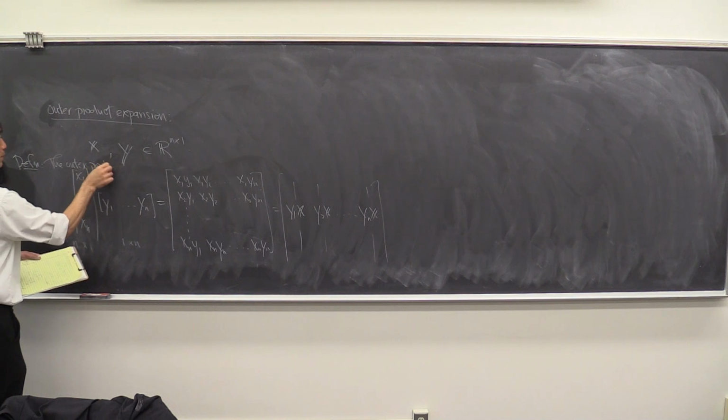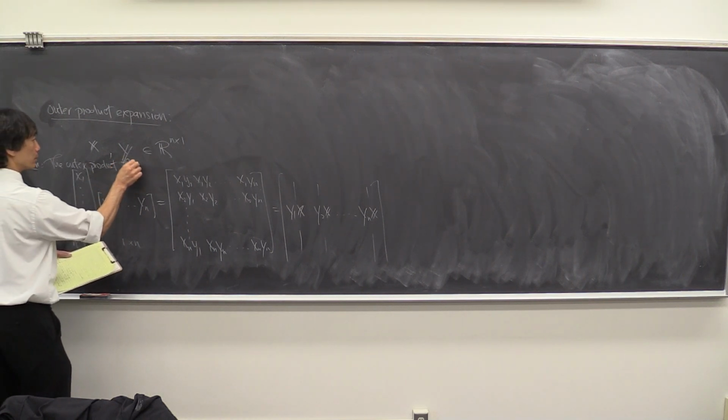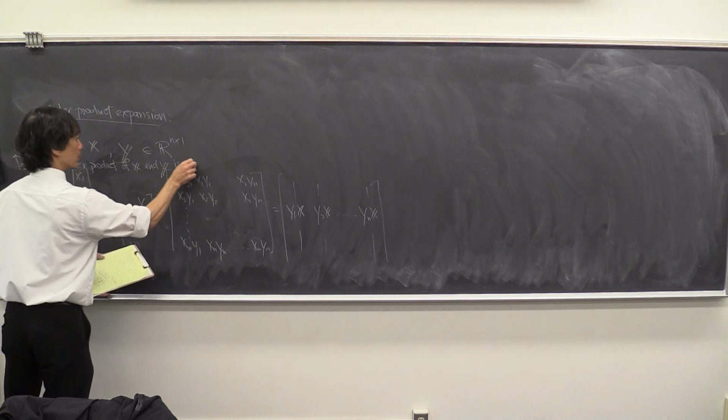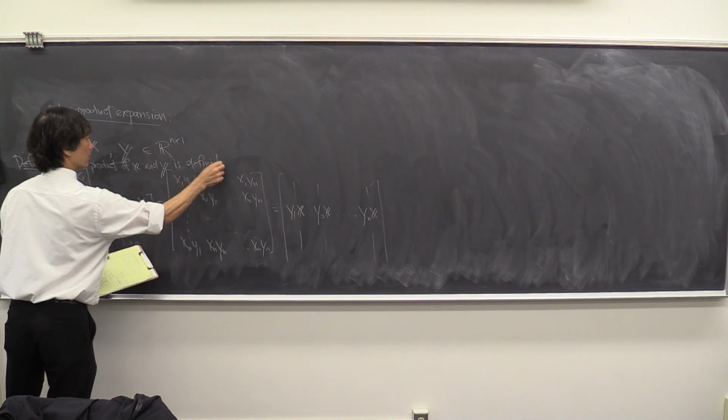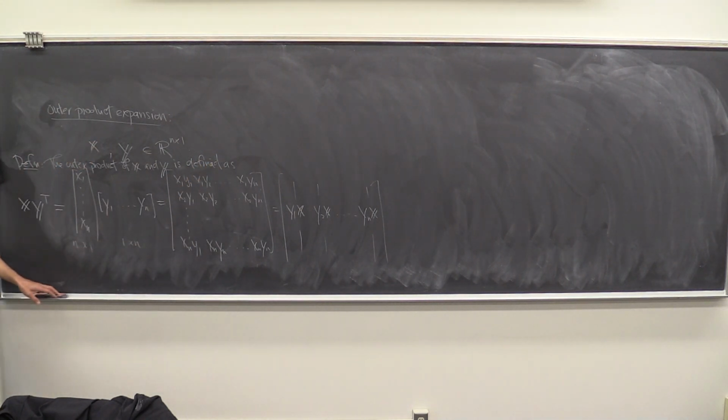The outer product is defined as x y prime, x y transpose.